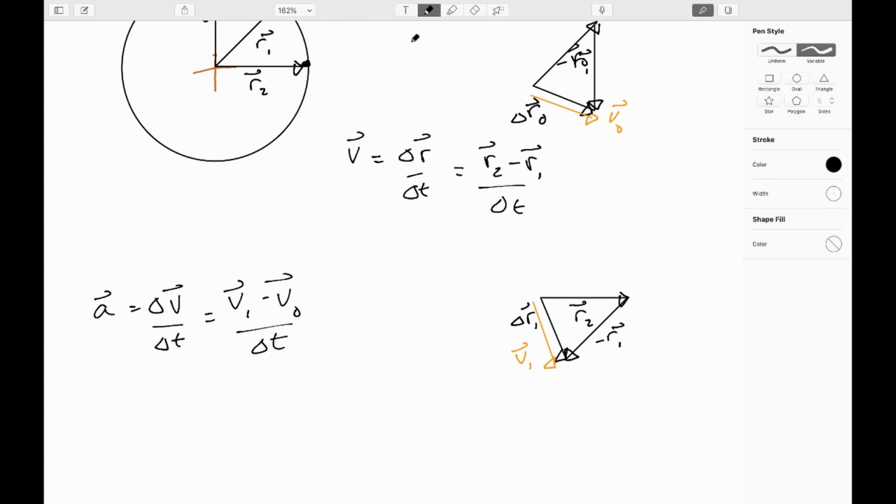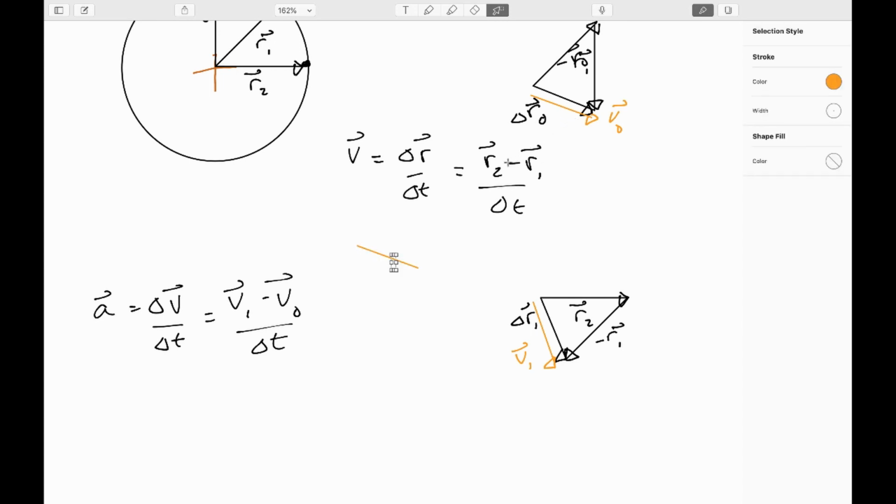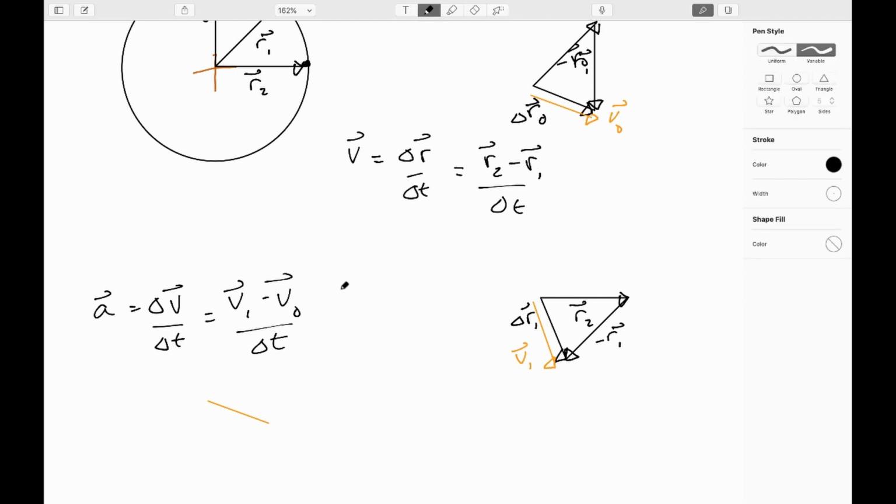So let's go ahead and do that. So first we'll just grab that, I think. So there's my V1. So this is my V naught. So we'll be wanting to negate it anyway. So V naught pointed down to the right, so negative V naught will point up and to the left.